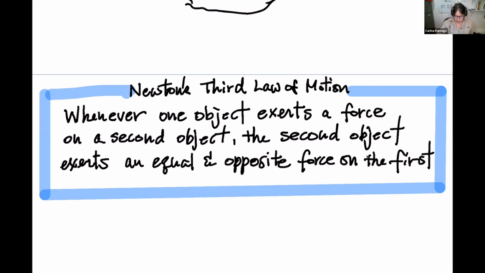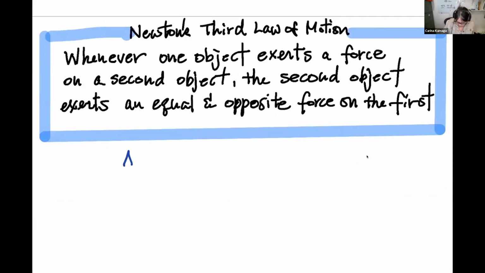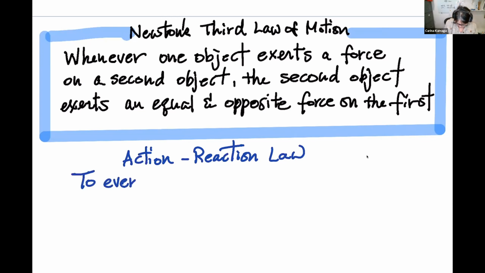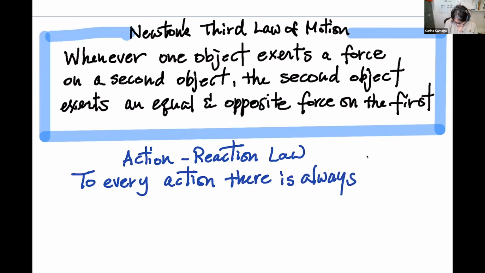So force always comes in pairs, and this law is also known as the action-reaction law: to every action, there is always an opposite, equal reaction.